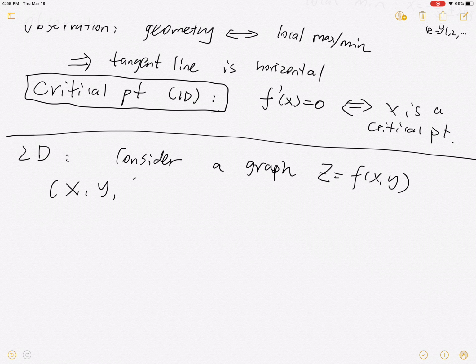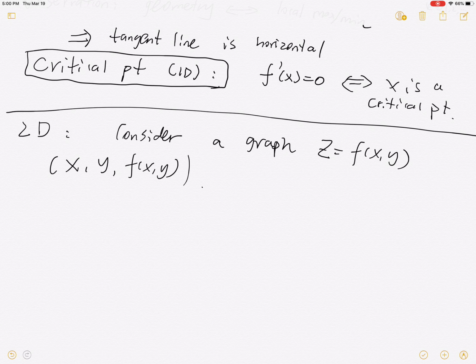If you consider the coordinates in 3D, you have (x, y, f(x, y)). Or more generally, you can consider level surfaces. We will discuss it later.